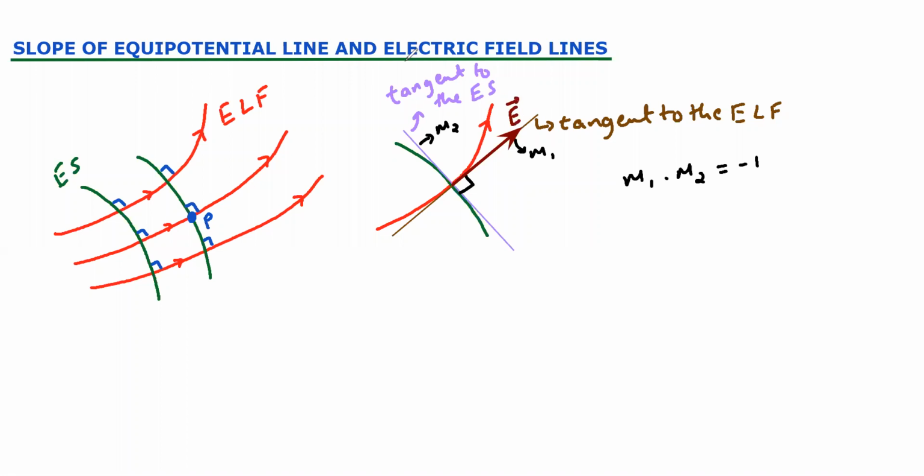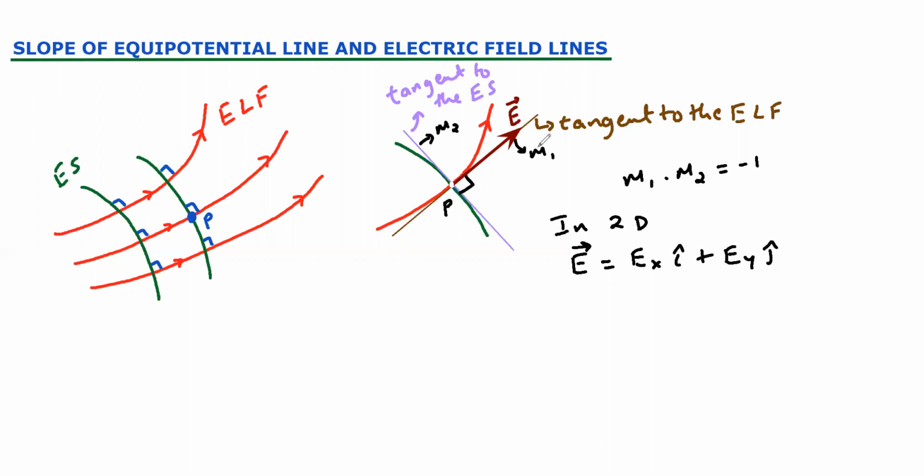This right here is the point, point P. This is specifically for the 2D plane. So in 2D, what is the electric field vector? The electric field vector is Ex i cap plus Ey j cap.